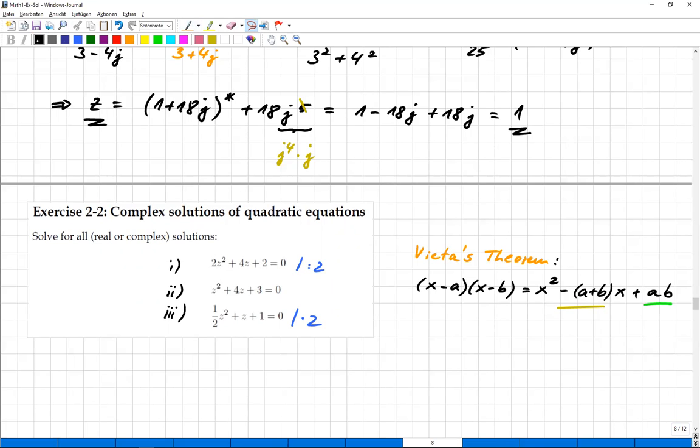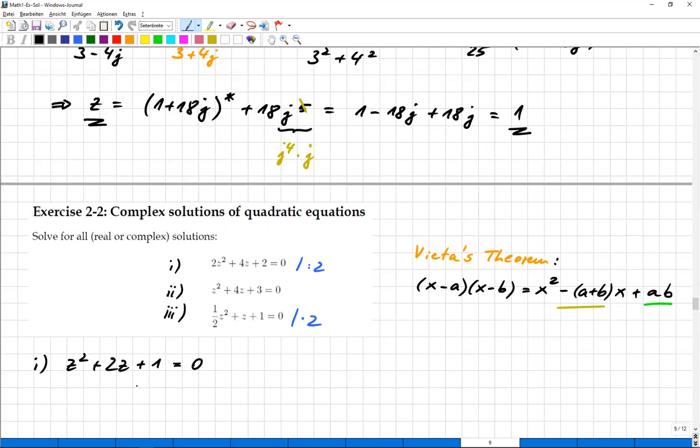And so this is what I'm doing, and it results in z square plus 2z plus 1 only, and then this is strikingly binomic. You know what I mean?